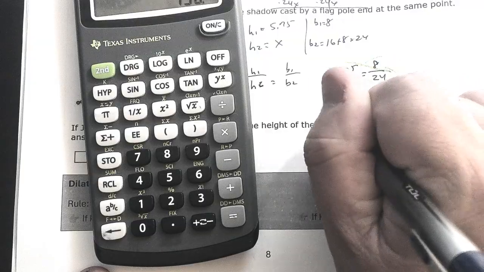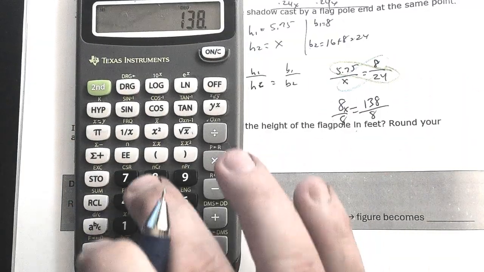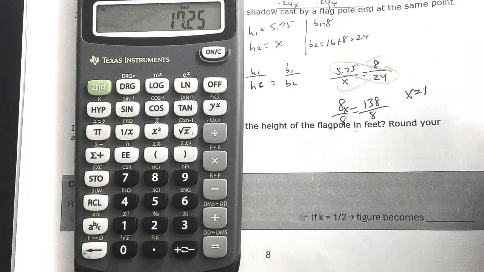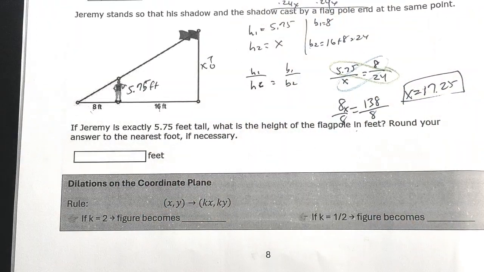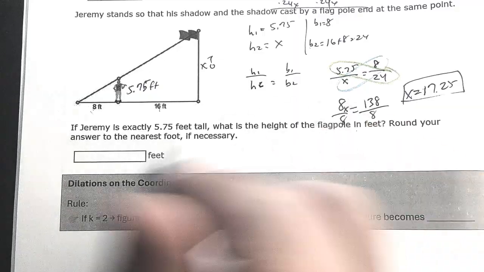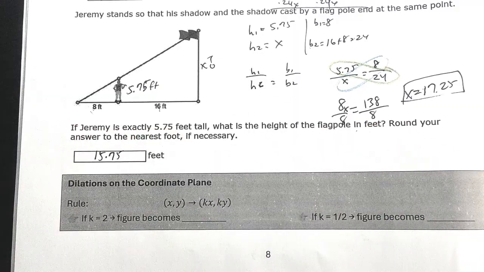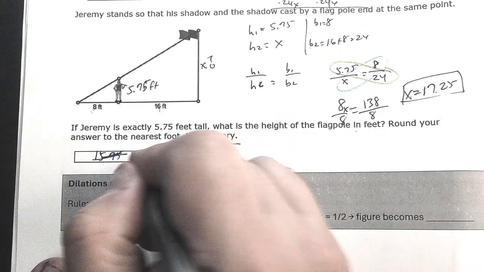We're going to divide both sides by 8 because I'm trying to get x alone, and then x is 17.25. What did they ask us for? That would be the height of the flagpole, and that's what it asked for. I said nearest foot if necessary, so yeah, 17 feet.